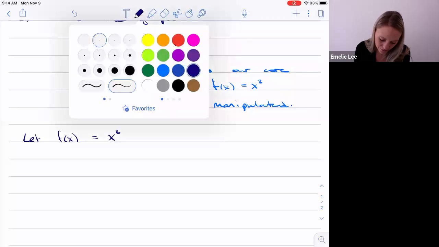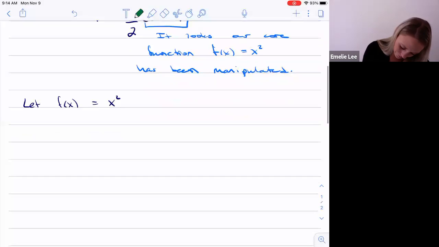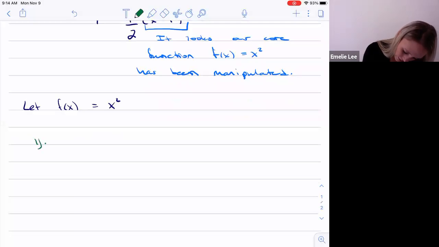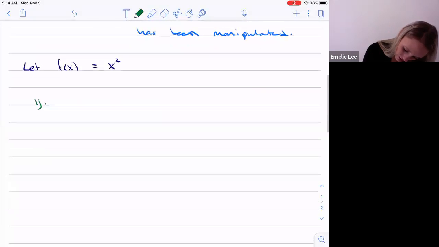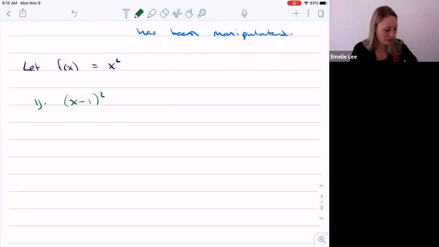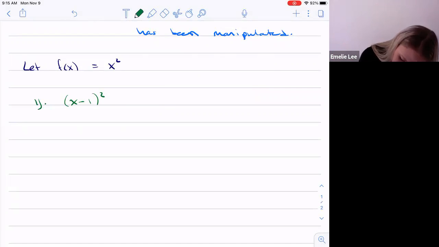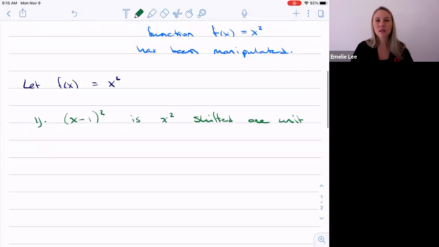So the first step is x minus 1 squared is x squared shifted 1 unit to the right.